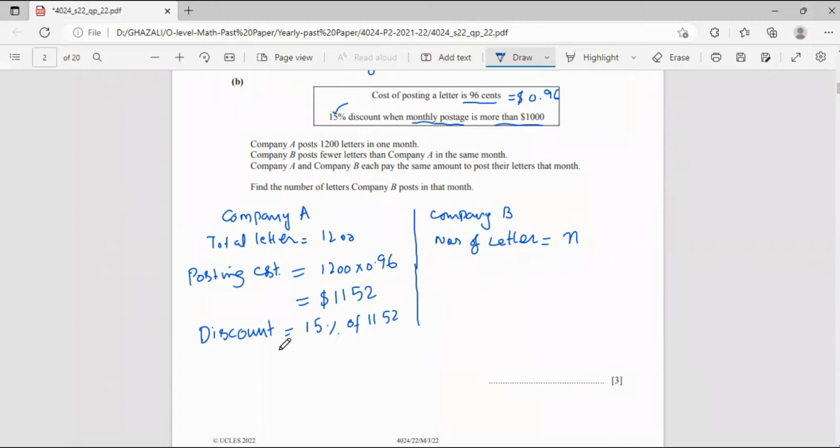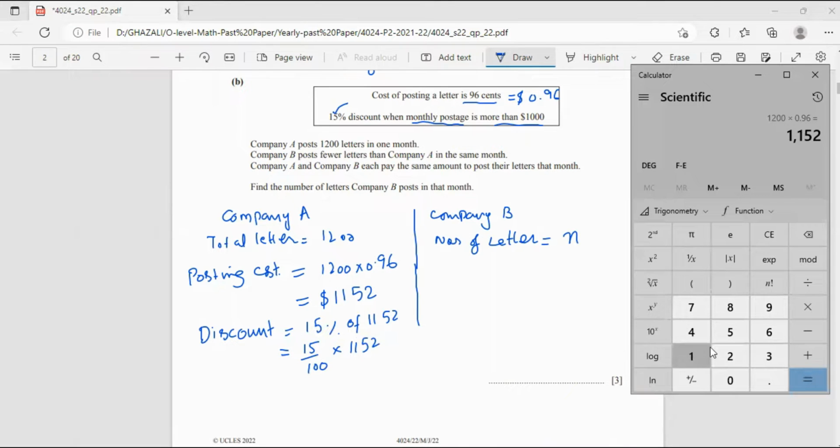The 15% means 15 over 100, multiplied by 1152. We calculate it: 15 divided by 100 multiplied by 1152 is equal to 172.8.